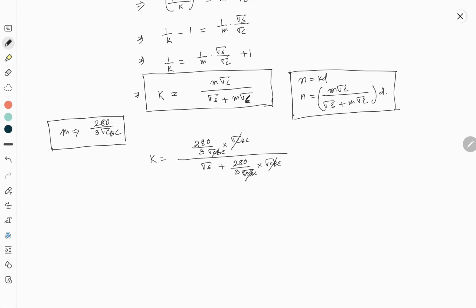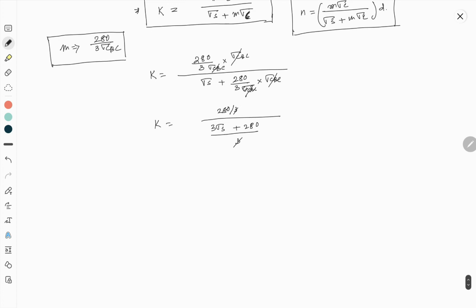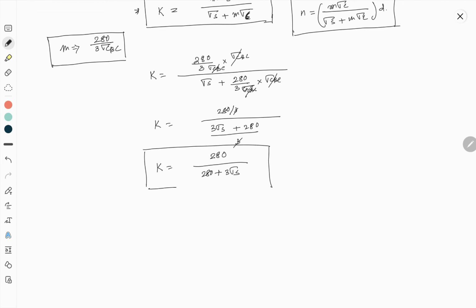This is cut out, this is cut out. And what happened? Now k equal to 280 divided by 3, 3 sigma s plus 280 by 3. So 3 cut out. Then k equal to 280 by 280 plus 3 sigma s. Then I can say n equal to kd, then n equal to 280d by 280 plus 3 sigma s.